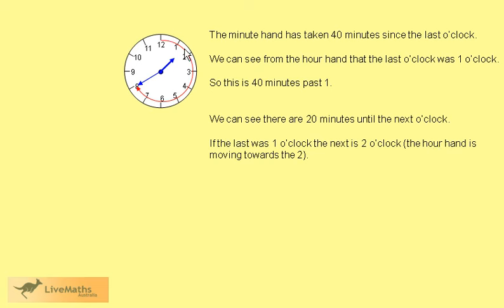The hour hand we can see here is moving towards the 2. So this is 20 minutes to 2, or some people just say 20 to. Once again, either way of giving the time is correct. We can work on the fact that it's taken 40 minutes since 1, or that it will take 20 minutes to get to 2.